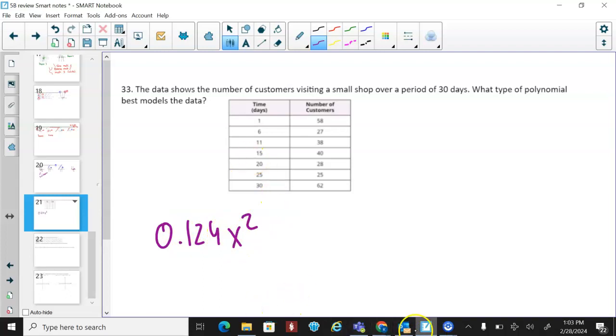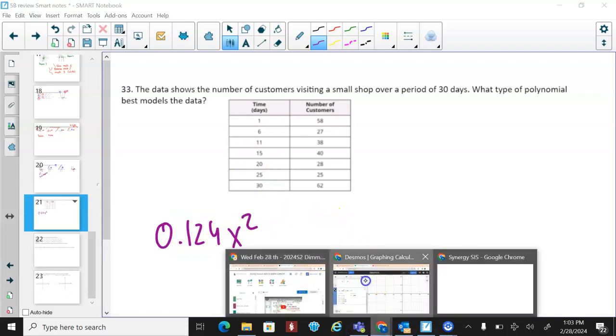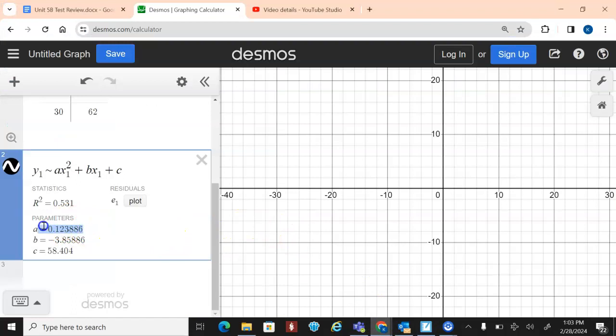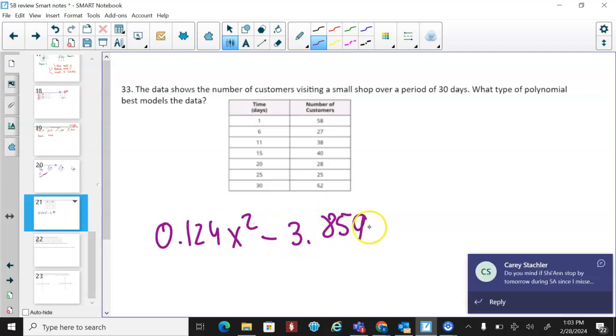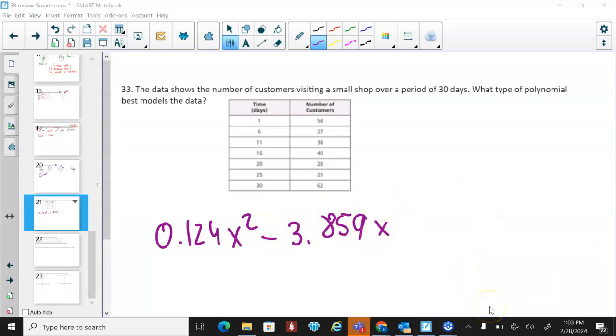How did I get that number? Well, this is your a; I just rounded the 8 in the fourth place up. For your b, you had negative 3.859x. And lastly, plus c, which is 58.404. So that is my regression equation.